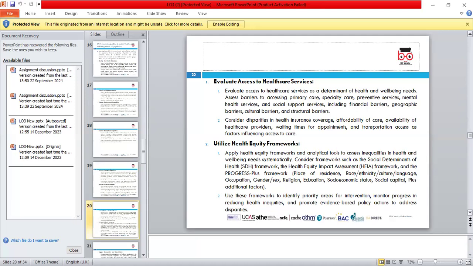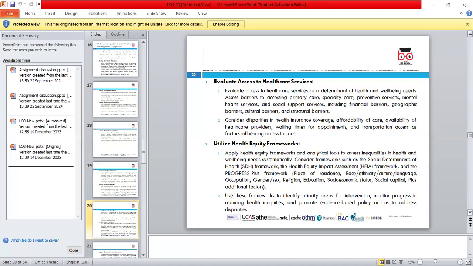Okay, then we have to look into utilizing health equity frameworks. Apply health equity frameworks and analytical tools to query inequalities in health and social care well-being systematically. Consider frameworks such as the social determinants of health (SDH) framework, the health equity impact assessment (HEIA) framework, and the PROGRESS-Plus framework: place of residence, ethnicity, culture, occupation, gender, sex, religion, education, socioeconomic status, and social capital as additional factors.